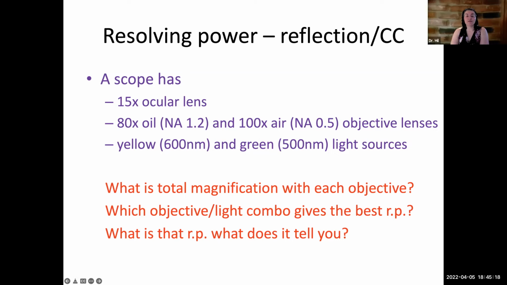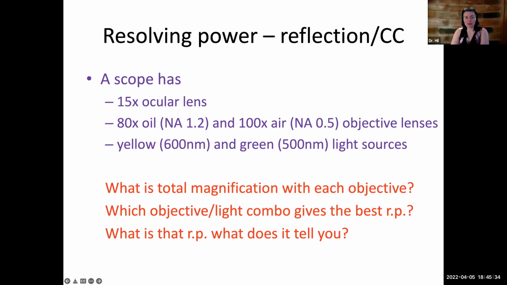The pre-lab instructions and the background information, you're going to learn how to calculate magnification and resolving power. I want you to just do a really quick analysis of this information and tell me a couple of things.